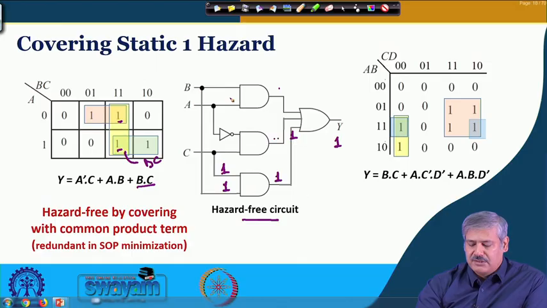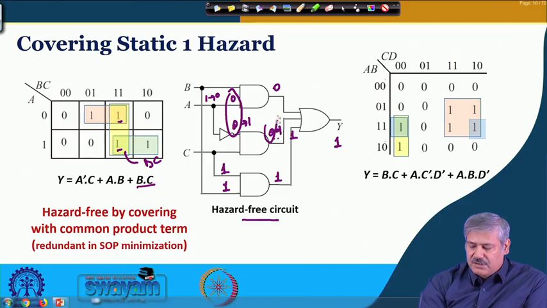So, A 1 to 0, so this has become 0, it is still 0, right. It is taking some time to go to 1. So, this is the time we are talking about when both the outputs are 0, right. It is taking some time to go to 1.